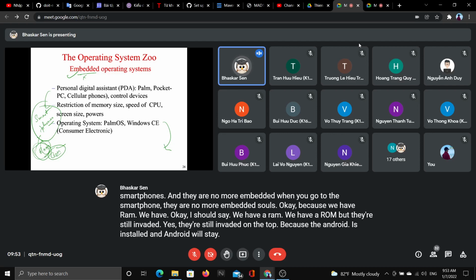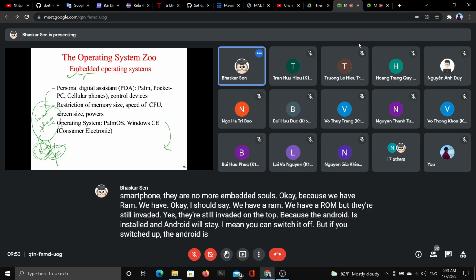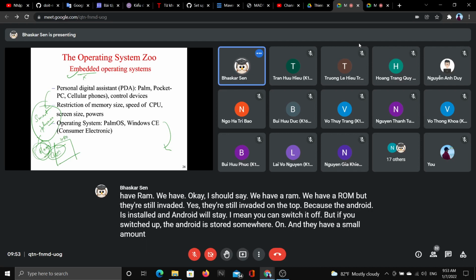I mean, you can switch it off, but if you switch it off, the Android is stored somewhere, and they have a small amount of hard disk space as well.